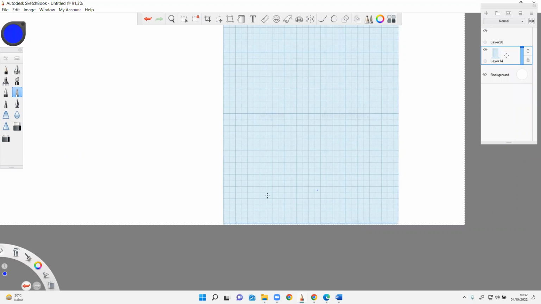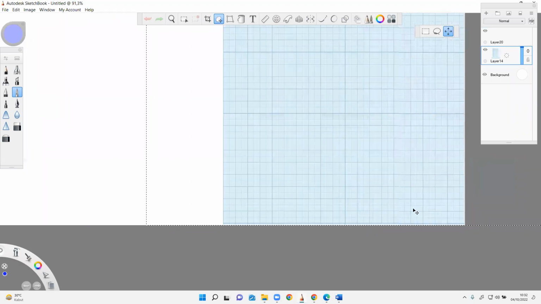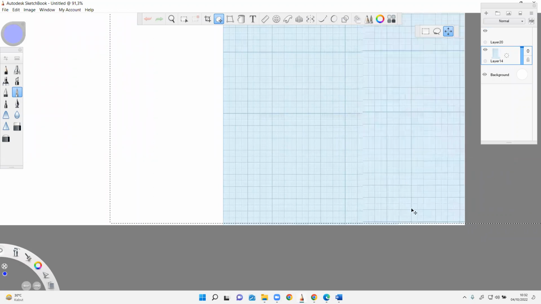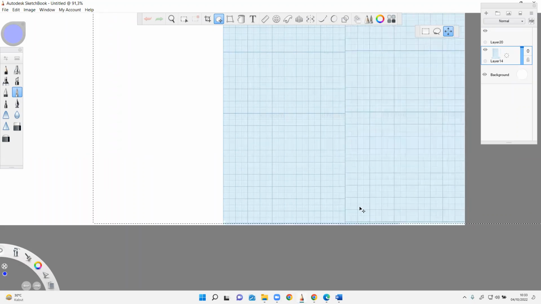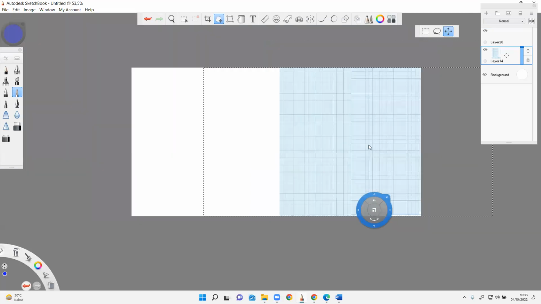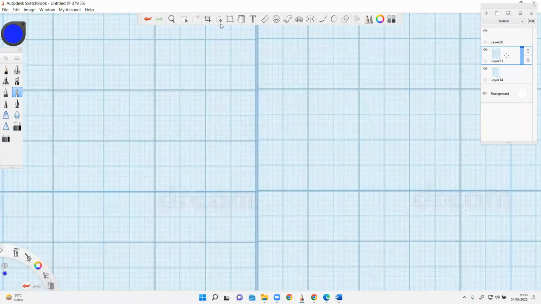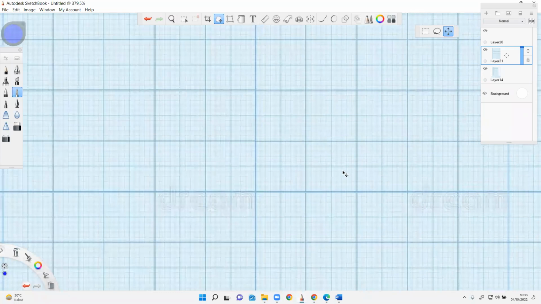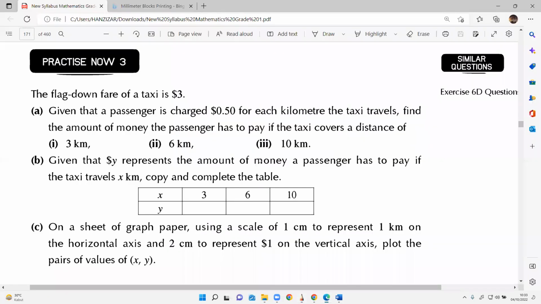I will put an extra layer here, a bit to the right, so it will be more helpful. Okay. Wait, yeah. Not so right. Make it tighter. There. Okay. So let's see the next page, guys.